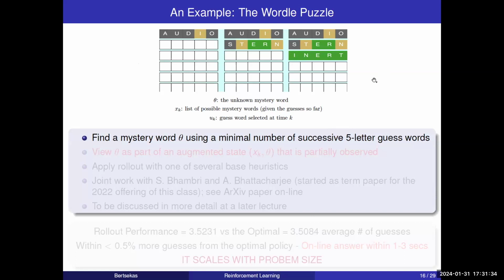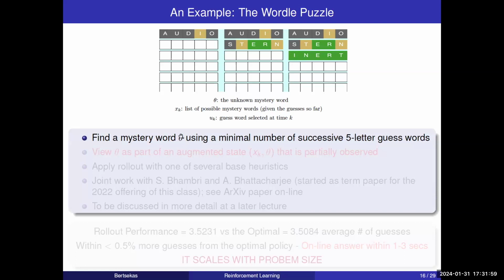So how do we put this into the framework of adaptive control that we have discussed? Well, theta is the mystery word. So it takes 2,500 values from a list, according to a given probability distribution initially, and in the New York Times version, this probability distribution is uniform. All mystery words have equal probability.